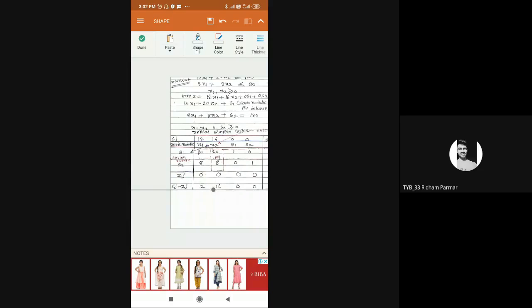So 0 into 10 plus 0 into 8, what is the answer? 0. Similarly, 0 into 20 plus 0 into 8, answer 0. Similarly, 0 into 1 plus 0 into 0, answer is 0. Next, 0 into 0 plus 0 into 1, answer is 0.